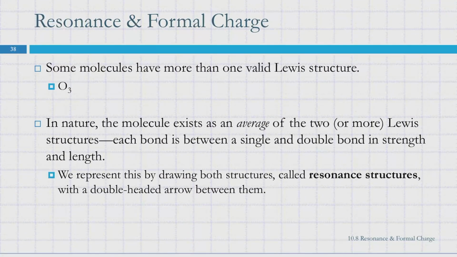Some molecules also have more than 1 valid Lewis structure. For example, O3. These are in a line. We could have that Lewis structure. We could also have its mirror image.